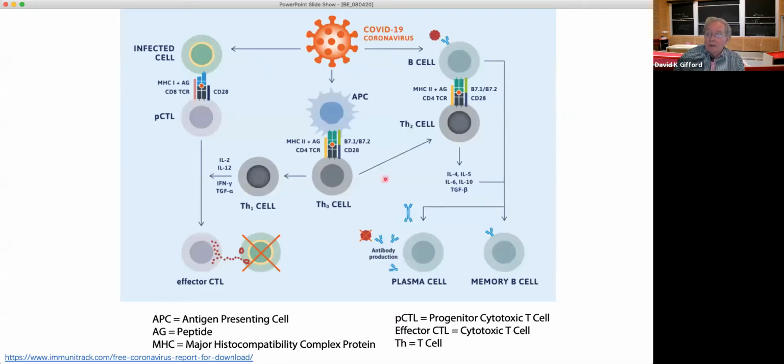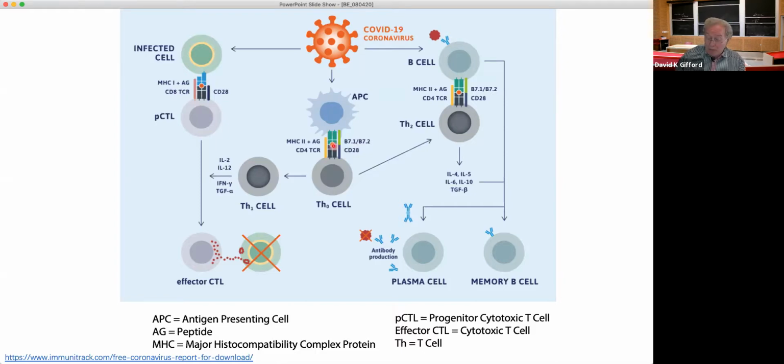Note that the T helper cells require presentation of these viral peptides on MHC class II molecules. So to get the appropriate assistance of the CD8 positive cells and the CD4 positive cells, we need to have our viral peptides displayed on MHC class I and class II molecules.